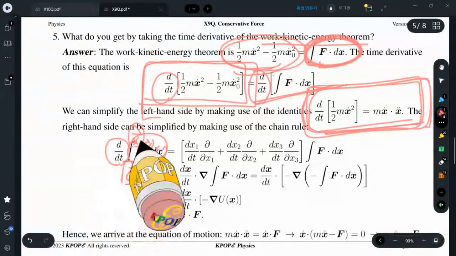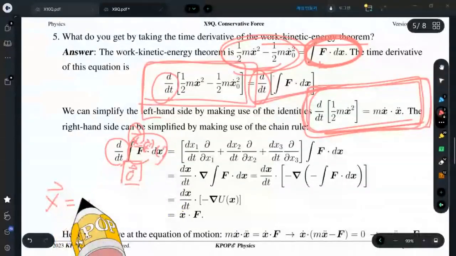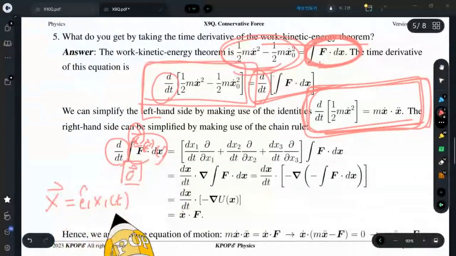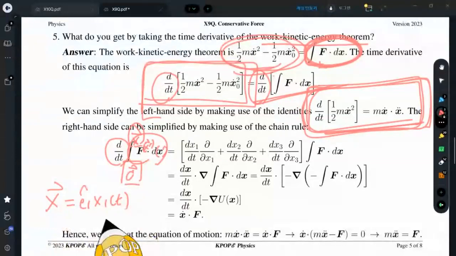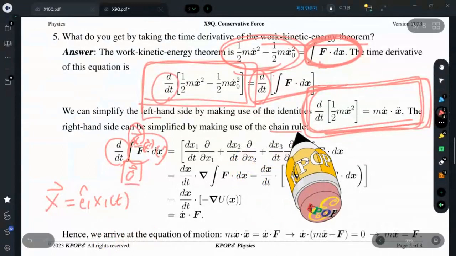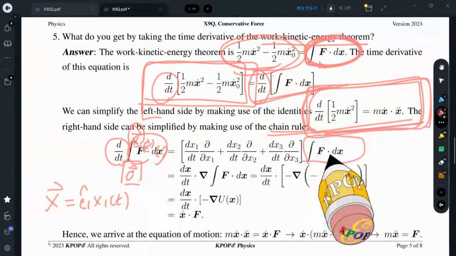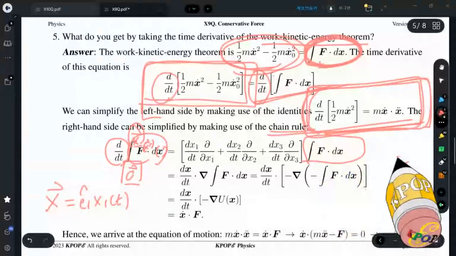This x is (x1(t), x2(t), x3(t)), so all of the Cartesian components are time dependent. Therefore, we make use of the chain rule, because this is not a number but a function of coordinates.